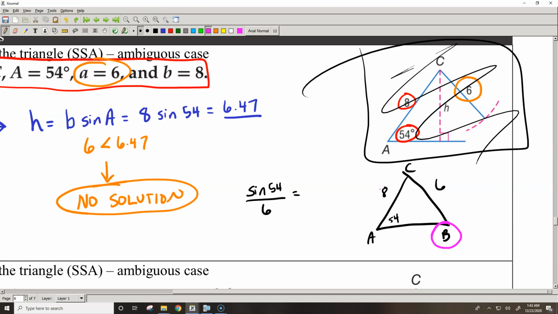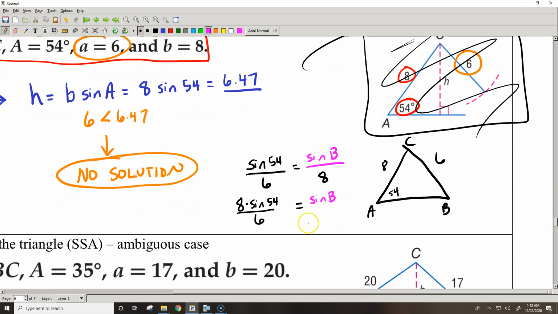So then we would say the sine of B over 8. Let's go ahead and try to use the law of sines. We write out the equation, and we would have to multiply by 8 on both sides. So we would get 8 times the sine of 54 over 6 equals the sine of B.